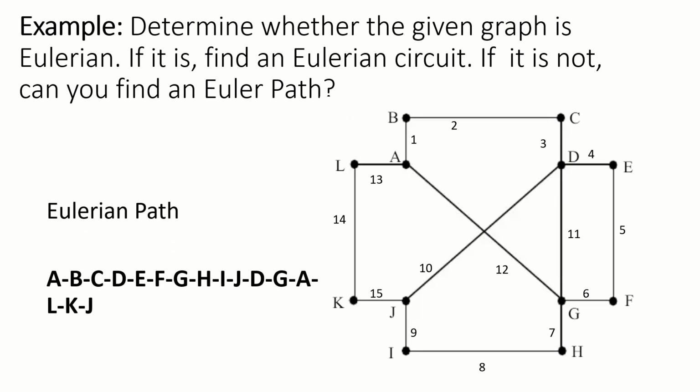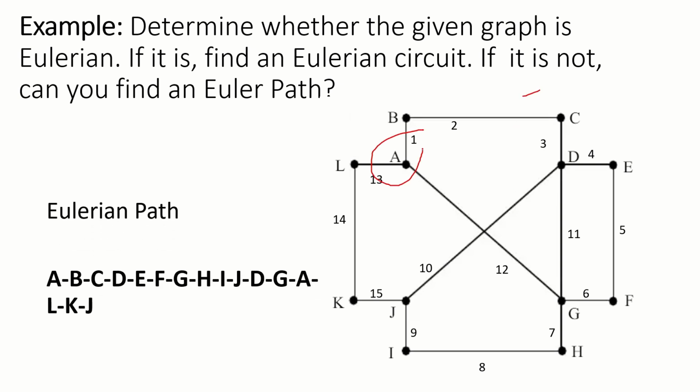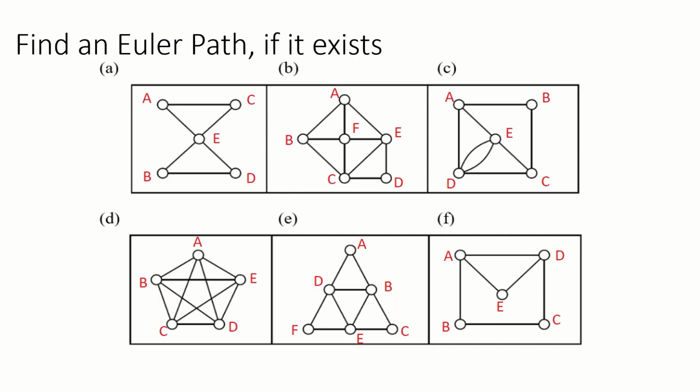Take note, it did not start and end with the same vertex. I started with A and ended up with J. It's an Euler path because I've used each edge only once.